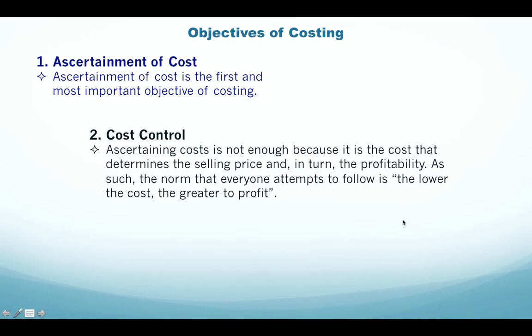So, class, the basic rule is that the lower the cost, the greater the profit. Why? Because you can lower your selling price, and if you lower the selling price, you will be able to sell more number of units. The quantity will be much higher.